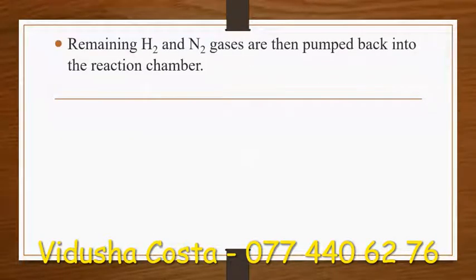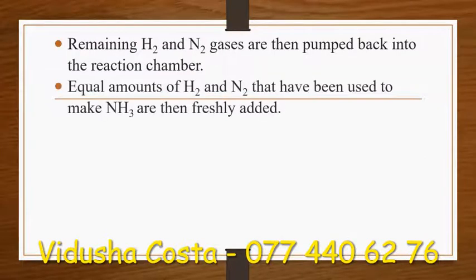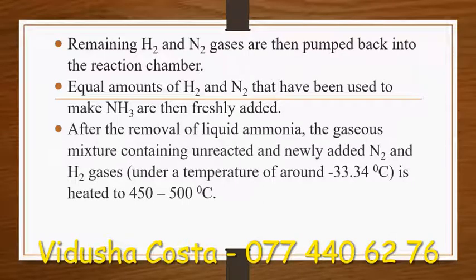The remaining hydrogen and nitrogen gases you can pump back into the reaction chamber again, where you add freshly an amount of hydrogen and nitrogen equal to what was used to make ammonia.